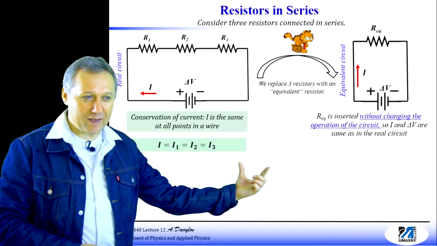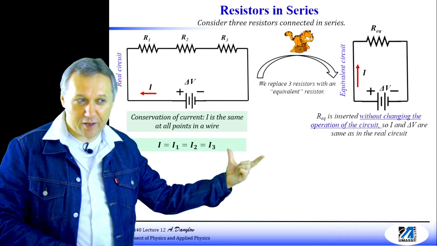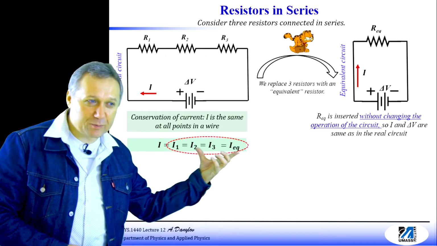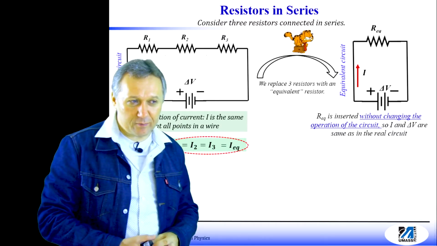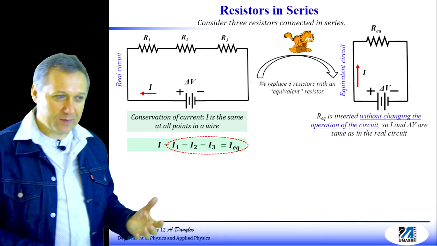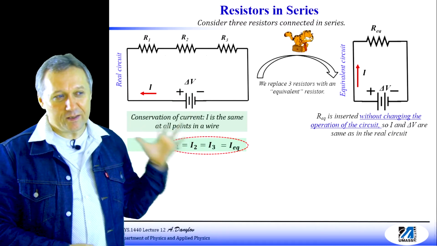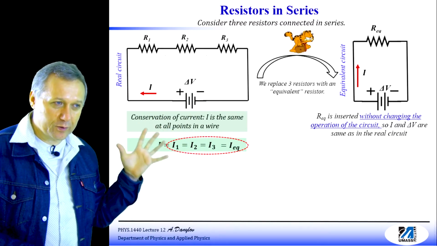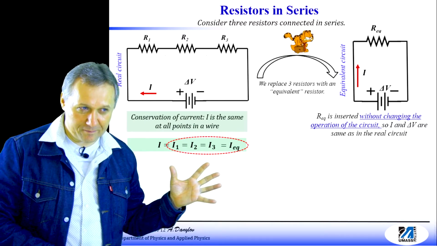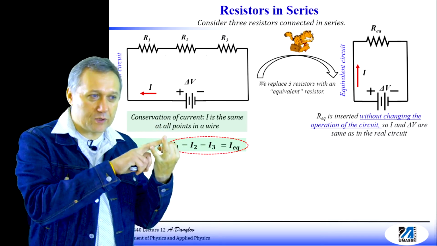So here we can add that I1 equals I2 equals I3 equals I equivalent. This piece of physics is important, and we will be using it analyzing circuits like this. We need to remember that the current through the equivalent resistor equals the currents flowing through resistors connected in series.